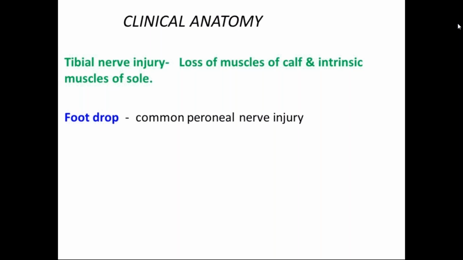It can get easily injured by a stick blow on the posterolateral aspect of neck of fibula. Since the two terminal branches of the common peroneal nerve, that is the superficial peroneal nerve, supplies the evertors of foot and the deep peroneal supplies the dorsiflexors, these actions are lost. Thus, the condition is known as foot drop.